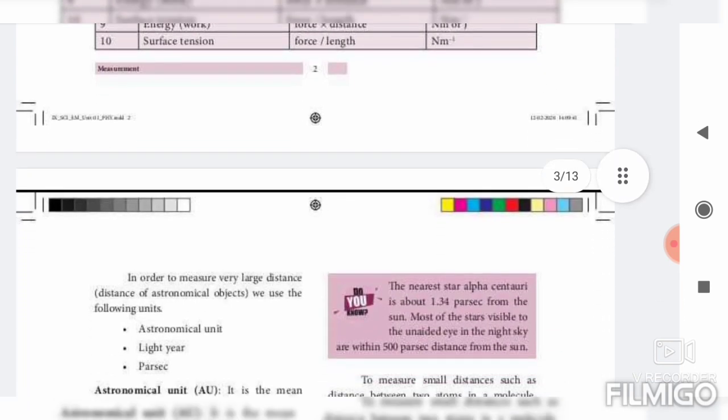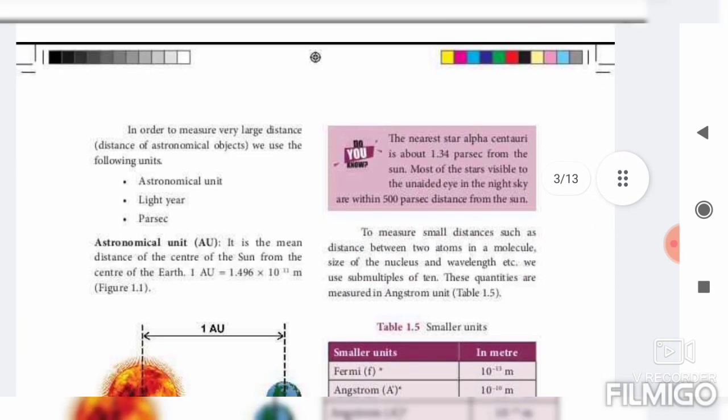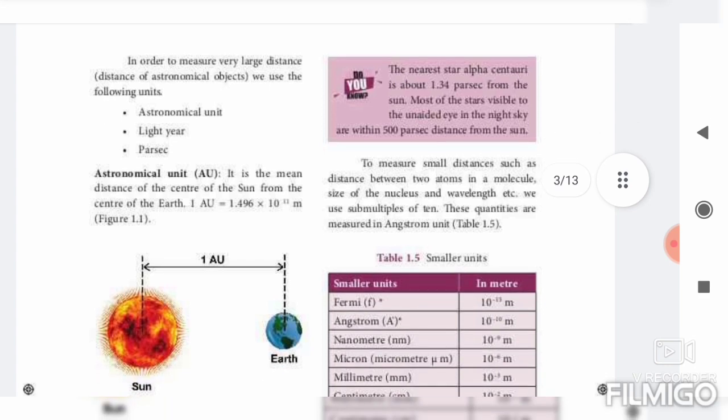Okay. The next page, here, to measure a large distance, 3 units are used. What are the units used? Astronomical unit, light year and parsec. Astronomical unit is the mean distance of the center of the sun from the center of the earth. What is the value of one astronomical unit? 1.496 into 10 power 11 meter. Next, light year.